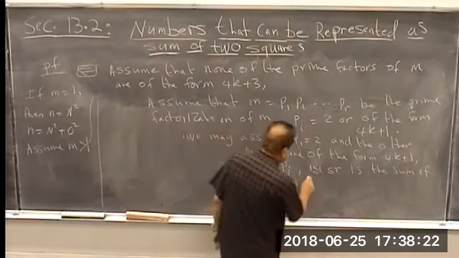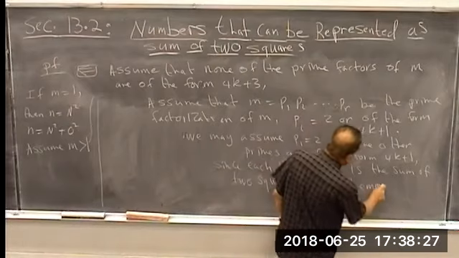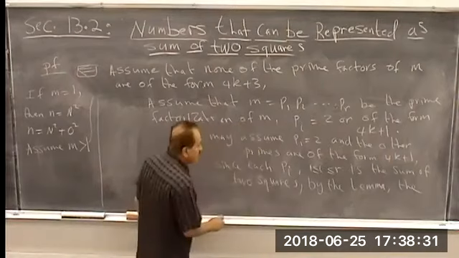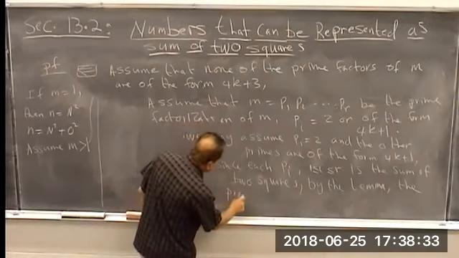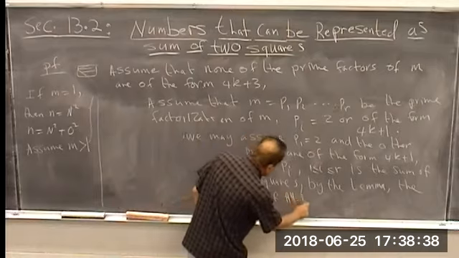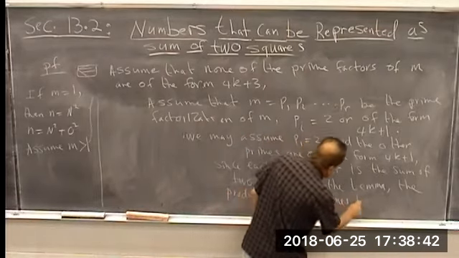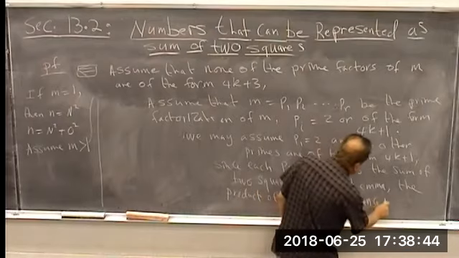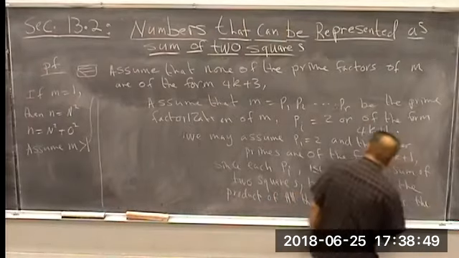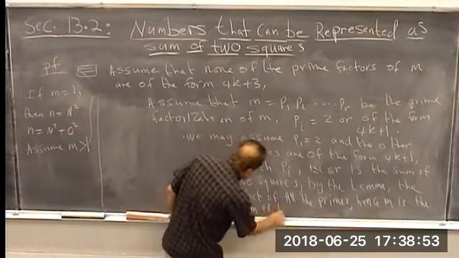Then by the product of all the primes, hence m itself is the sum of 2 squares.